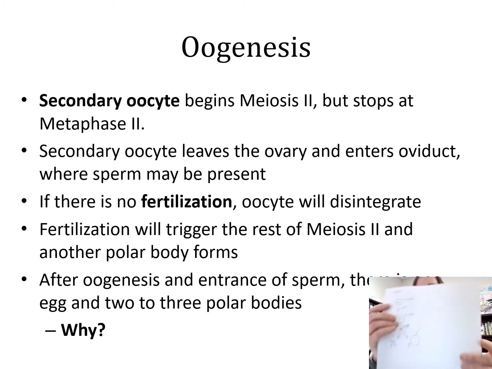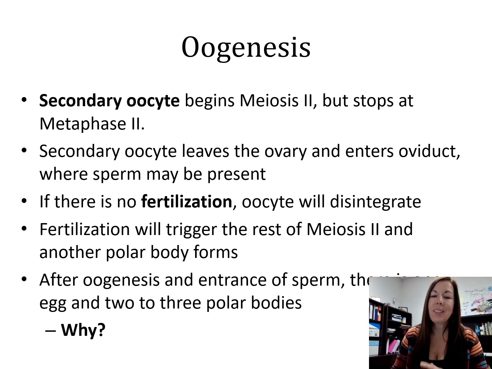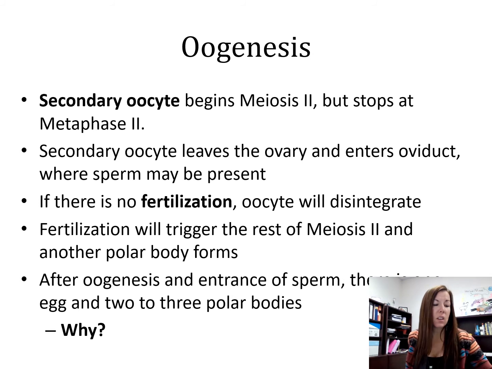Okay, so that's what's trippy to me. So the oocyte does not complete the whole process of meiosis unless sperm is present to trigger that. So we can't complete meiosis on our own. We are required to have a sperm cell to complete that process.